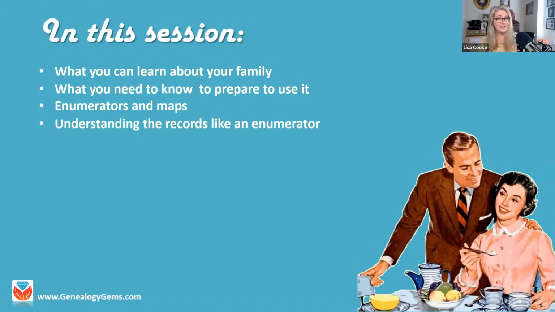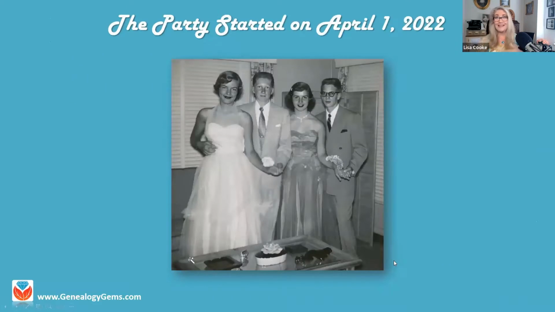Really, we have to understand the records we're looking at, the why behind them, so that we can make the most of them and interpret them correctly. And of course, most importantly, we're going to talk about the latest strategies for searching for the records right now in their current state.